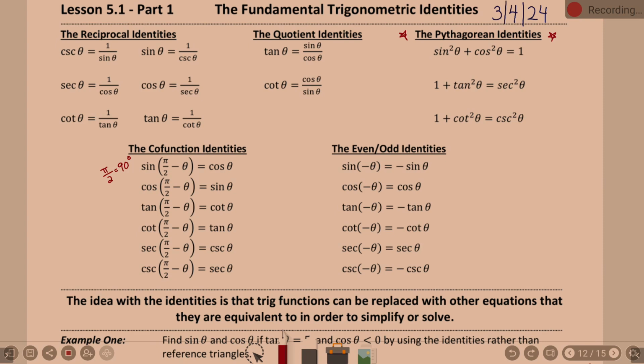And then we also have even odd identities. Okay, we talked about even and odd functions sometime in first semester. I don't know if you remember that or not, but we did. Because we talked about even functions being functions that are symmetric across the y-axis. And we talked about odd functions being functions that are symmetric across the origin. Okay?